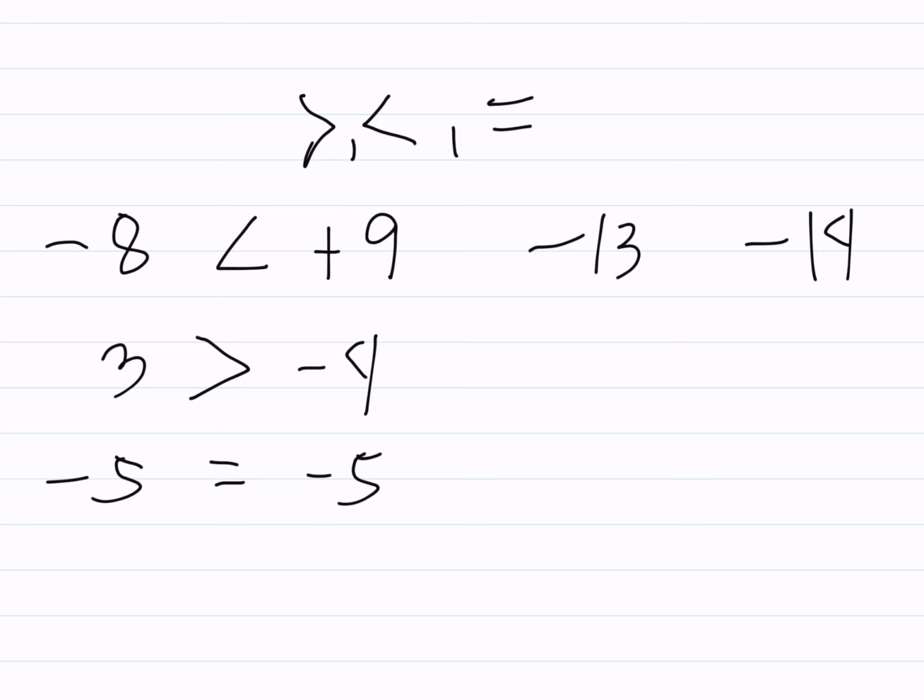Again, from 0 going to the left, the larger gets smaller. Since negative 13 is nearer to 0 than negative 14, therefore we can say that negative 13 is greater than negative 14. So that's how to compare integers.